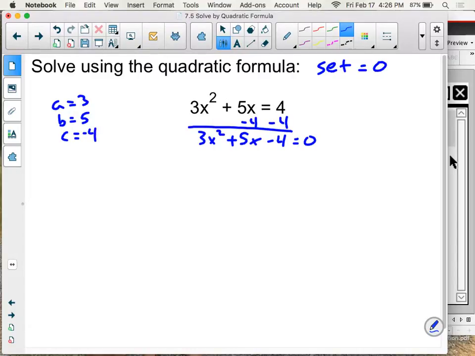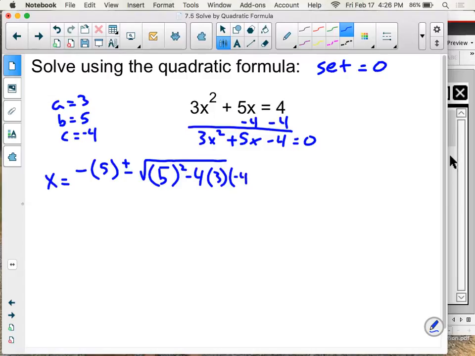And I plug those numbers in and I go. So let's see what we get. Here's my square root. 5 squared minus 4 times 3 times negative 4, all over 2 times 3.